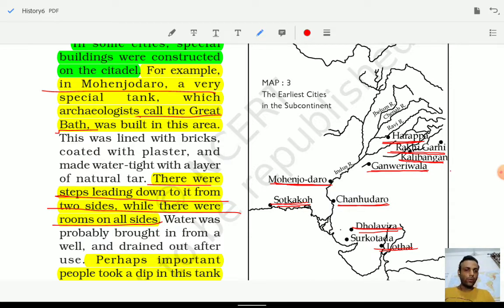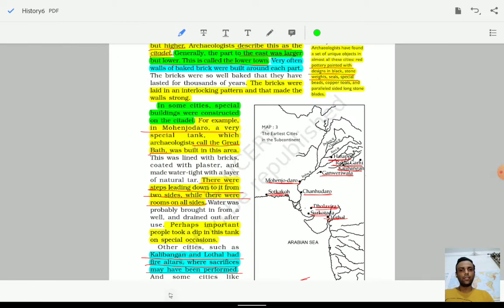These are the important locations. Keep in mind where Lothal, Surkotada, Dholavira, Jamhudaro, Sotkakoh, Mohenjo-daro, Ganweriwala, Kalibangan, Rakhigarhi, and Harappa are, and where these cities are in today's reference. Okay, let us move ahead.